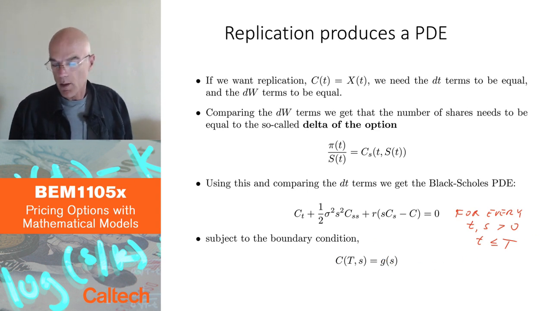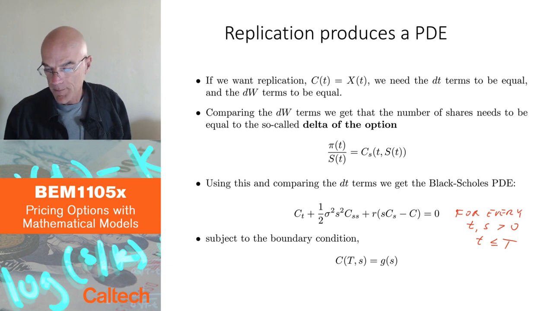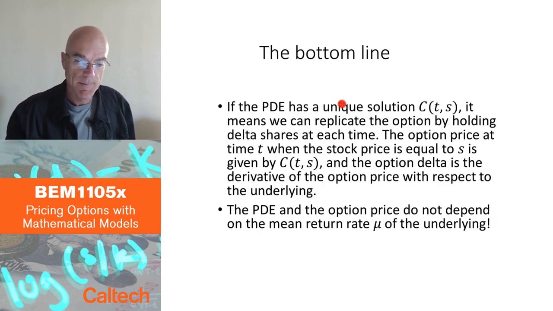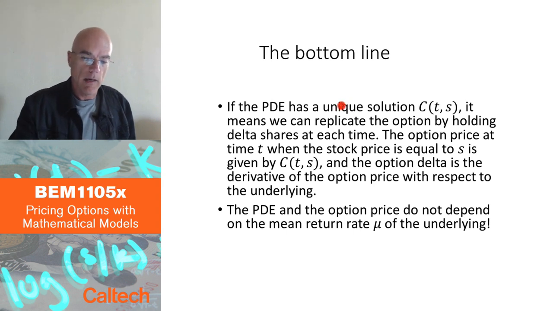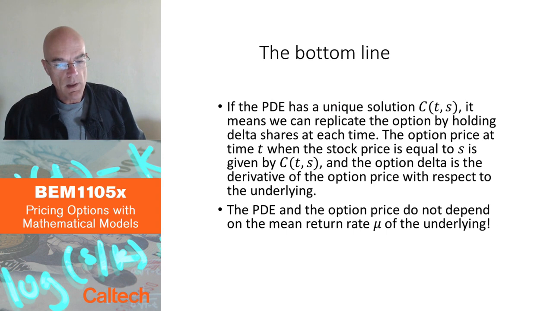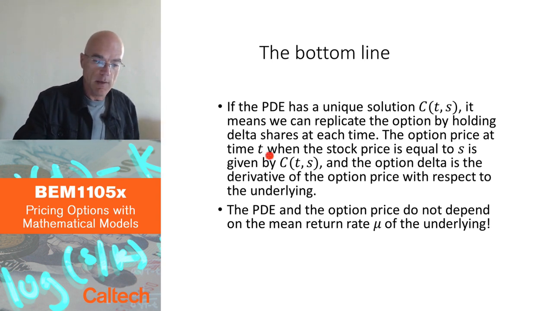Let's look at the formula. I'll give you the formula. I guess in the next slide, this is just repeating what I've said. It has a unique solution, which means that everything works. We can replicate the option by holding delta shares at each time, and therefore the option price at time t is given by this function c of t and s.